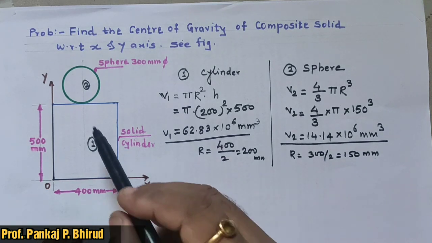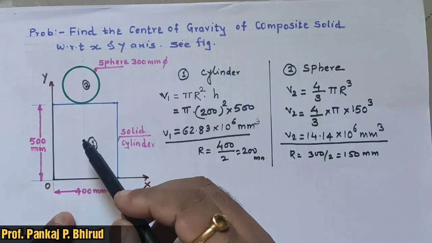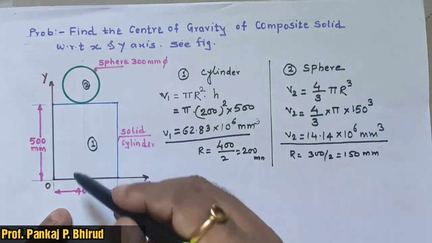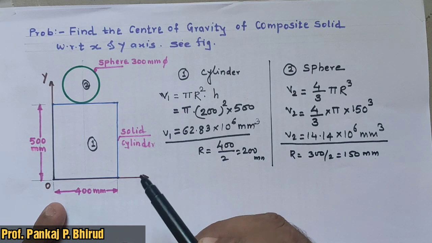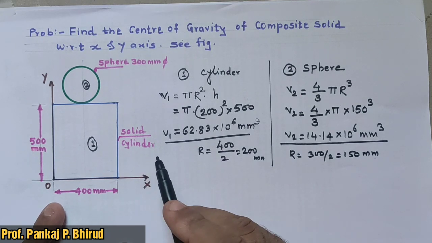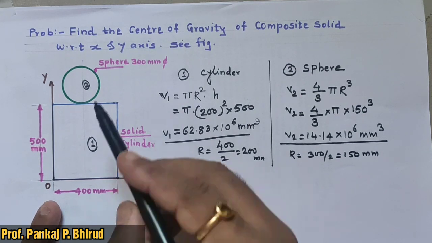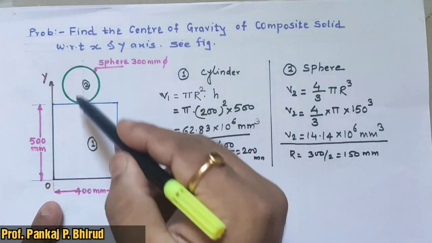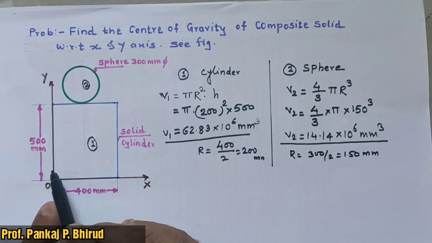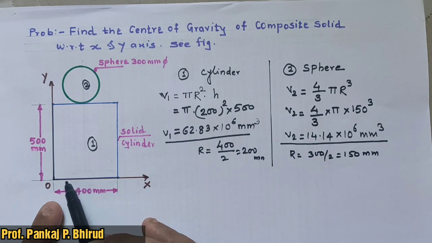Now here observe the figure. If it is symmetrical to any axis, then we can calculate the distance from the axis. So here this figure is symmetrical to the vertical axis. So we'll get the horizontal distance from the y-axis, and that is this 400 divided by 2.